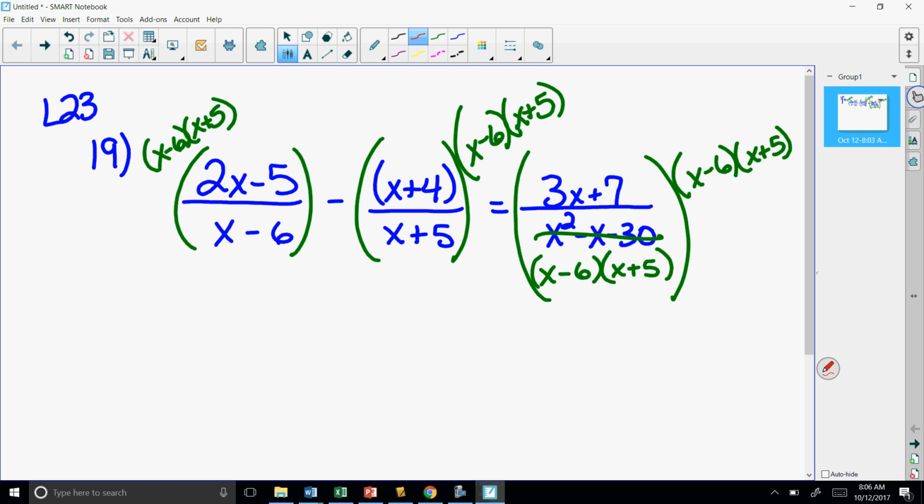But when you multiply by the common denominator on both sides of the equation, you'll notice that the quantity x minus 6 cancels.